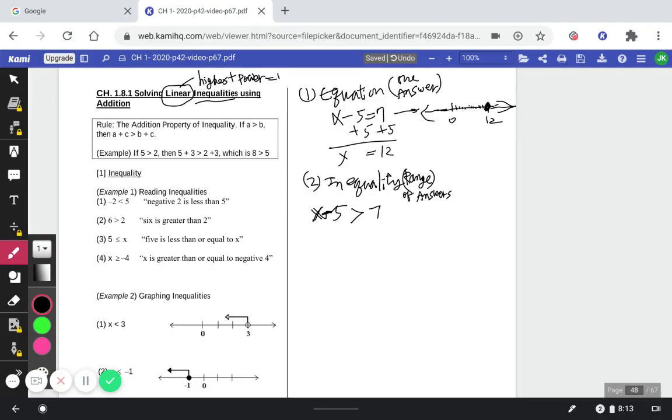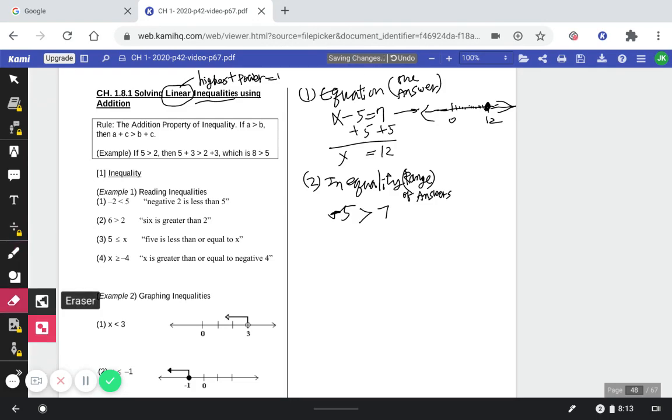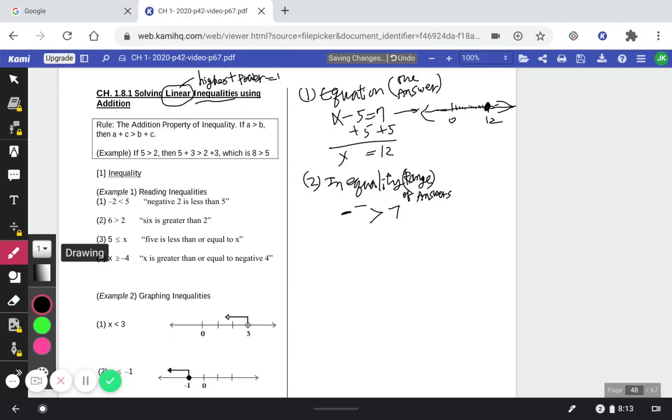If I solve this inequality, the process is exactly the same as an equation. You add 5 to both sides, so it cancels out, and x becomes bigger than 12.